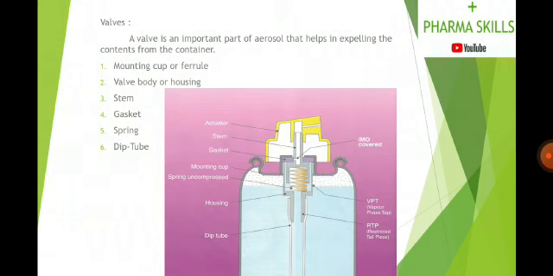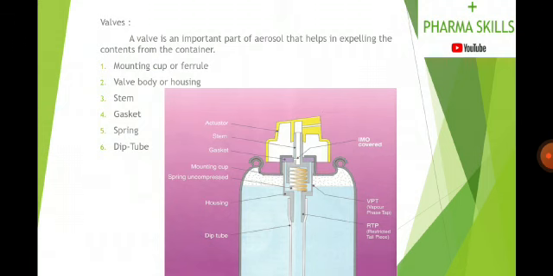This opening determines the delivery rate and form in which the product is discharged. Stem. Stem is made up of nylon or metal such as brass or stainless steel. It supports the actuator and delivers the formulation to actuator chamber.